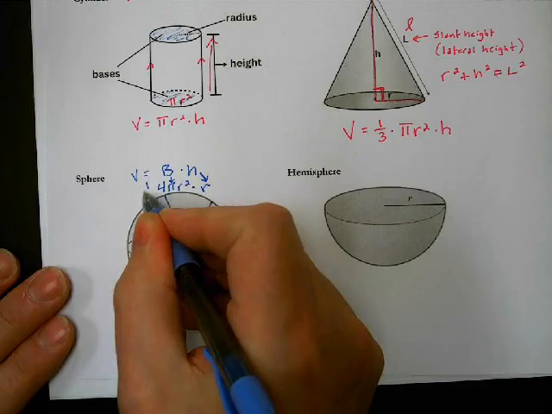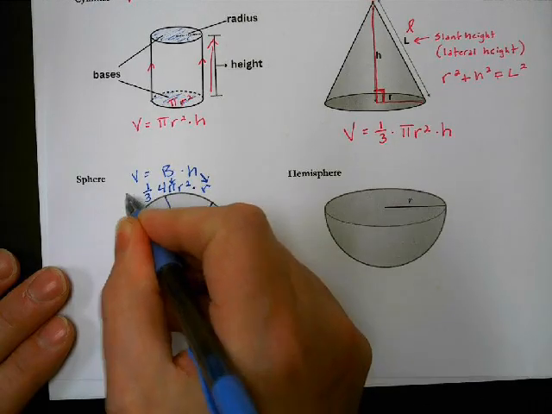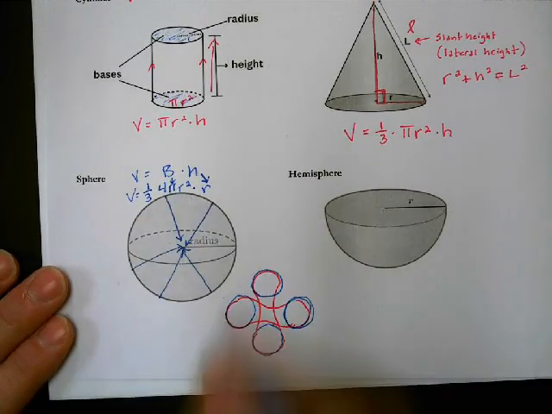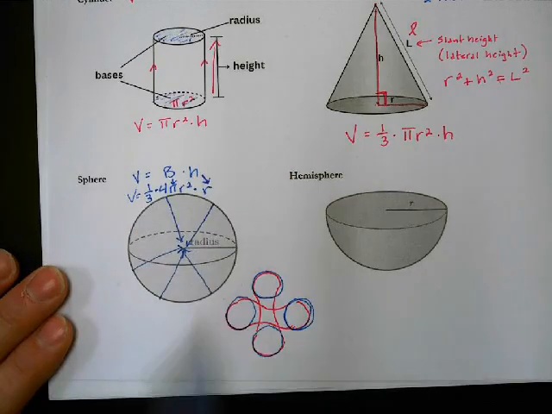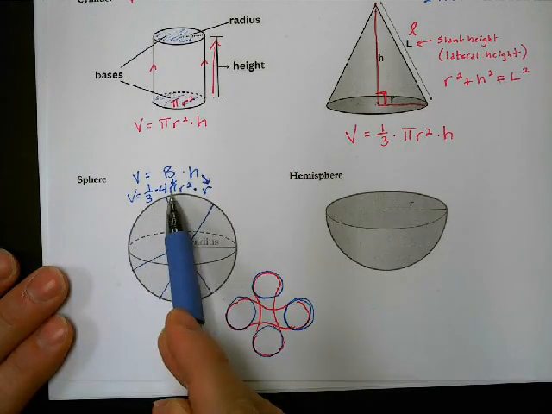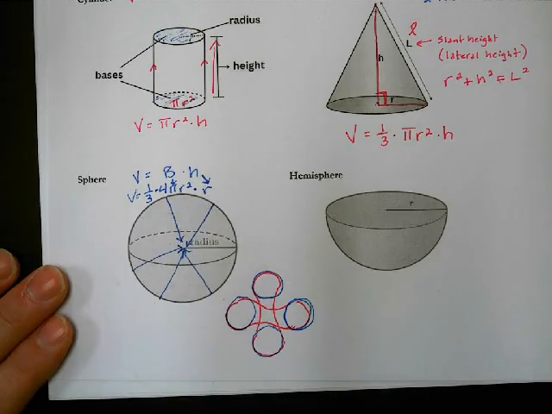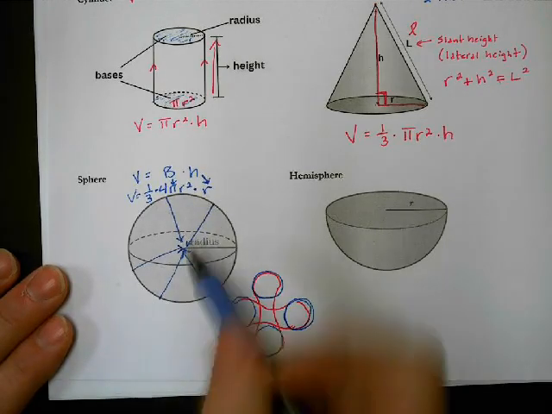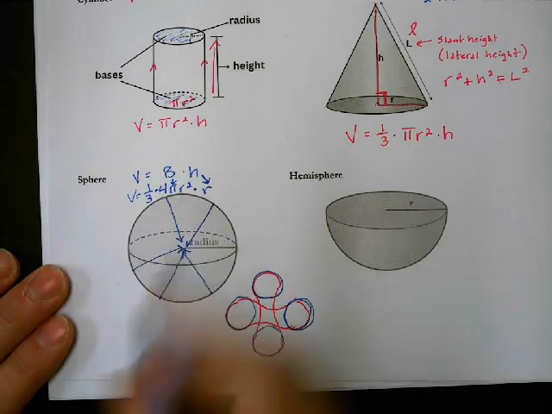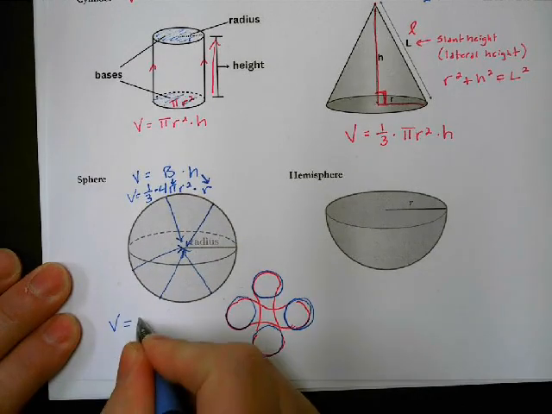There's my volume formula for a sphere. 1/3 of 4 pi r squared times the radius, which is the height. If we simplify this, 1/3 times 4 is 4/3. And then pi.